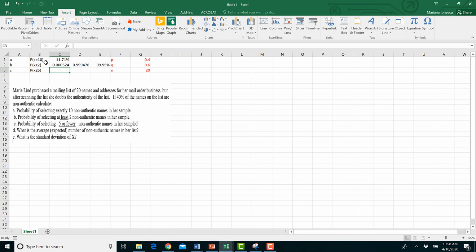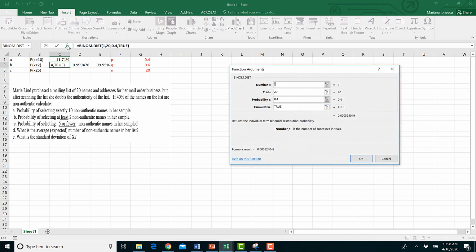Less than 2 means 0 non-authentic names or 1. And when we calculate it with binomial, we put 1 for the number of successes, because we are looking to be cumulative, can be 0 or 1. The number of trials 20, and we put here true.